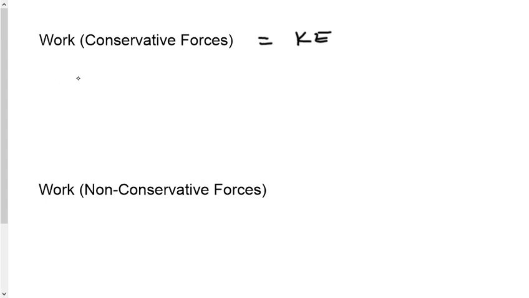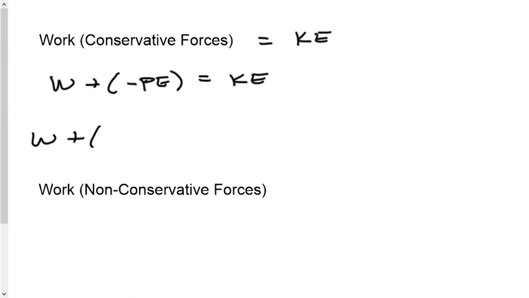Well, what about work plus a negative potential energy, any one of those potential energies, and that is going to equal kinetic energy. So how do we really mean this? This means work plus any kind of negative change in potential energy has to equal the change in kinetic energy of the system.